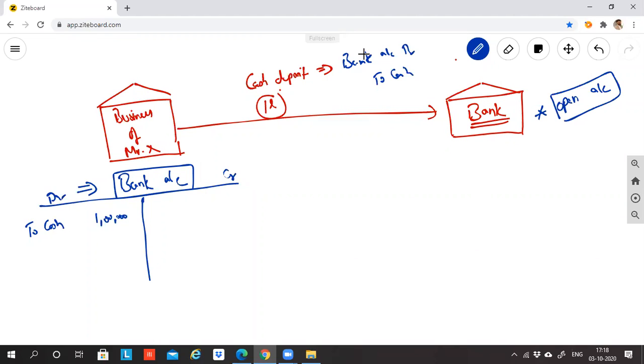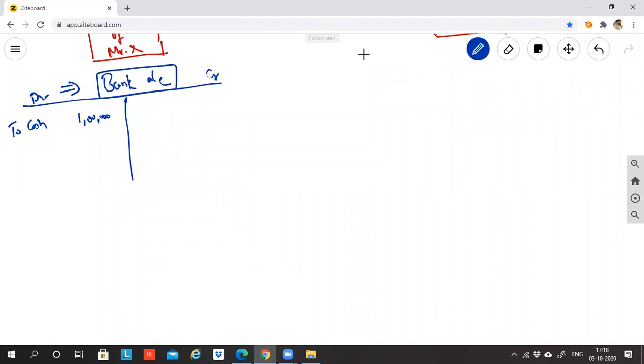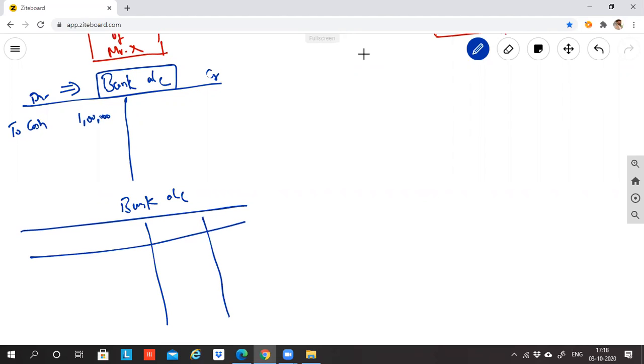Guys, now if the same statement, this bank account, I write in a different form, instead of writing in this way, if I record this way, do you have any problem? To cash.